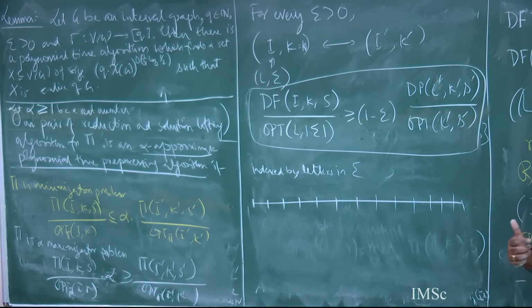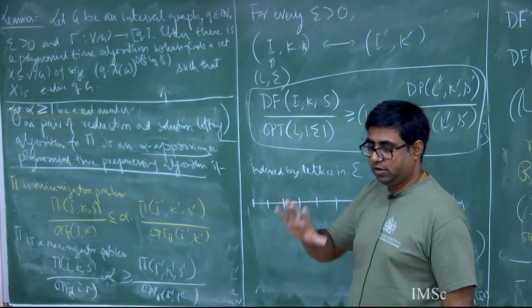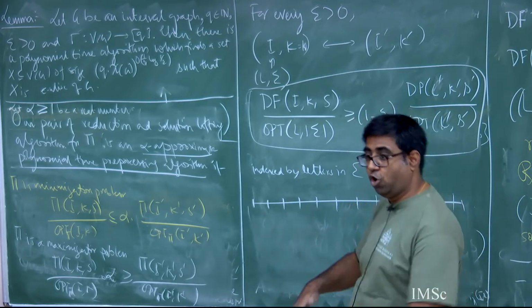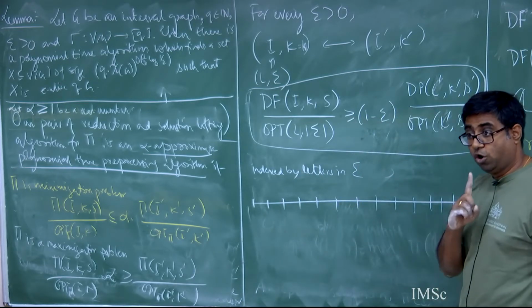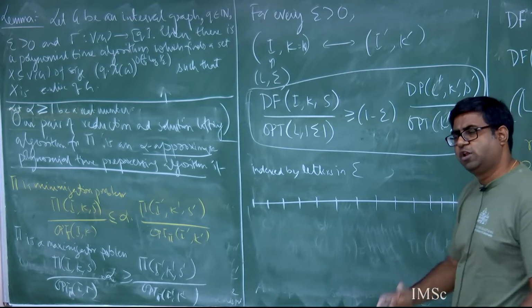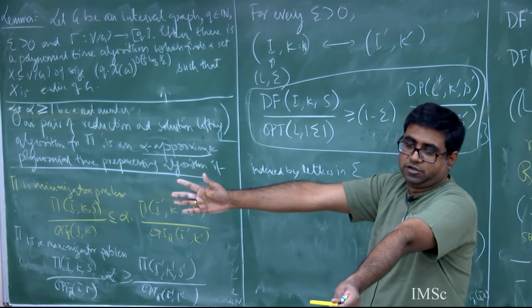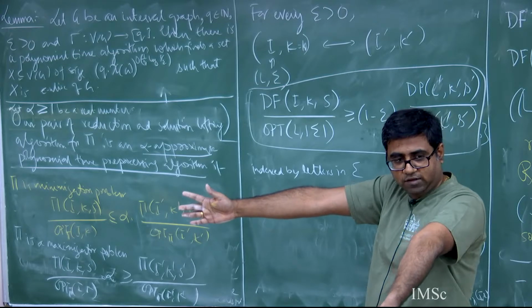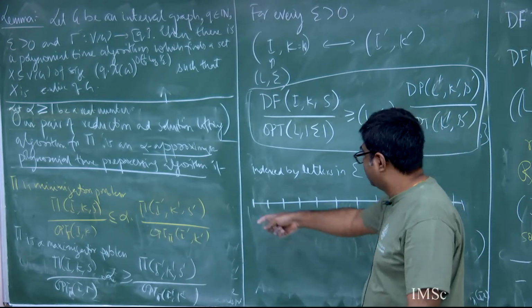Applying this lemma to shrink, it tells me that for a good approximation of all the independent sets here, it is good enough to take this set of positions.